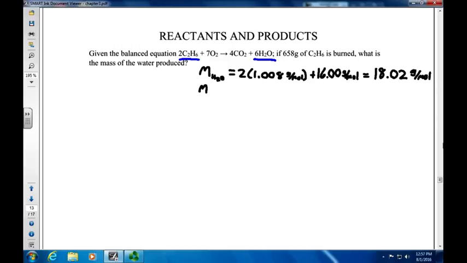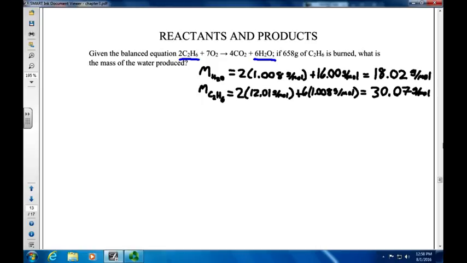The other molecular mass we'll want is for C2H6, which is 2 times 12.01 grams per mole, plus 6 times 1.008 grams per mole, which gives us 30.07 grams per mole.